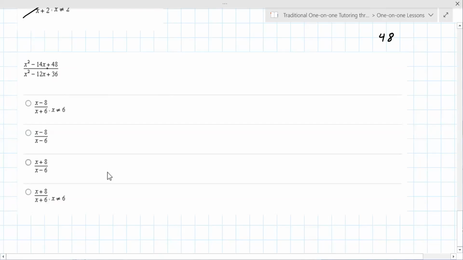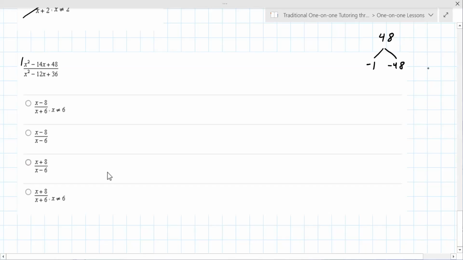But yeah. Okay, so we're going to factor the numerator here. And it's this type where there's a 1 in front of the x squared. And what you're looking for is numbers that multiply to 48 but add up to -14. For example, they're both negative, like -1 times -48. Do you agree that those multiply to 48? But they do not add up to -14.